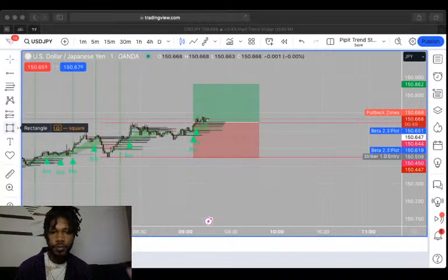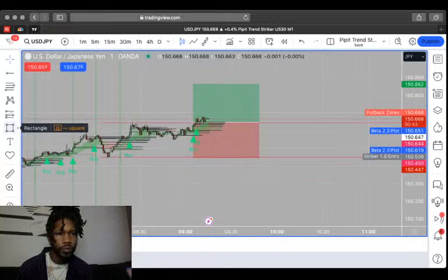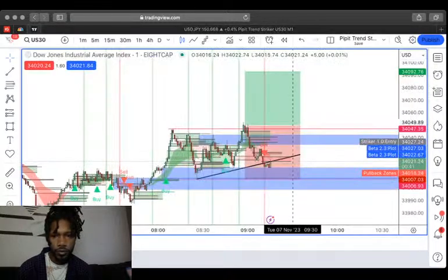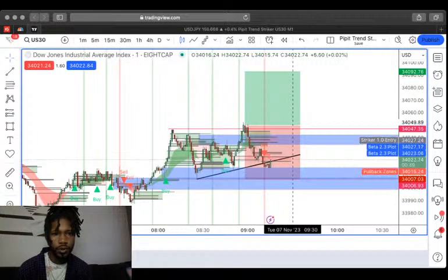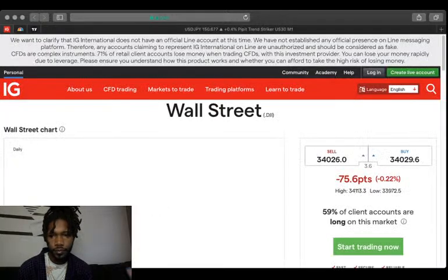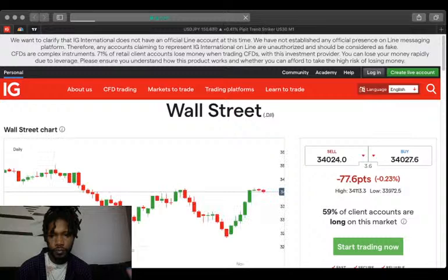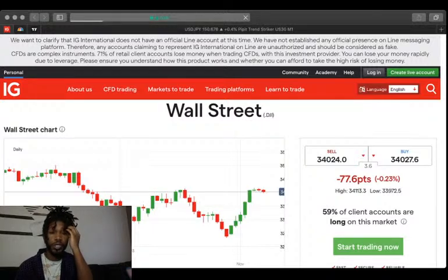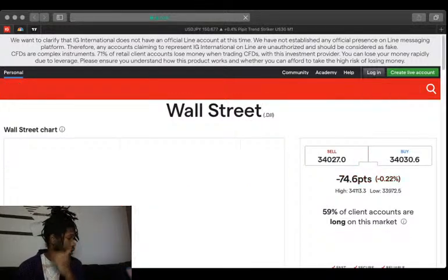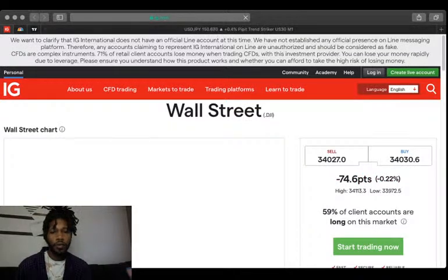Let's see, what else do we have going? Honestly, we probably should have been looking for some sell setups. 59% of retail traders are long in the market right now.